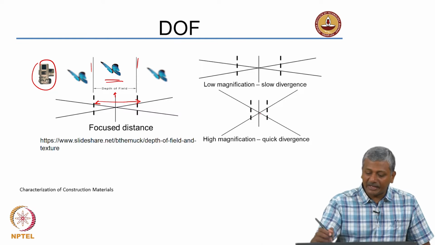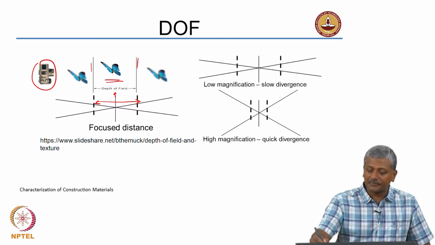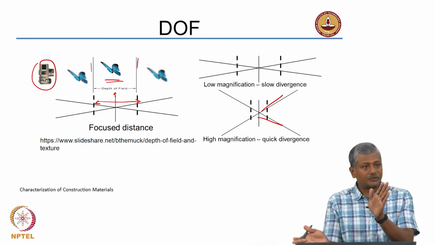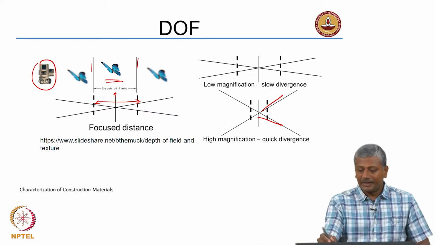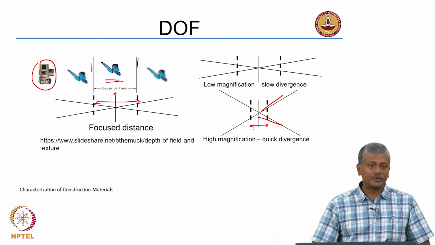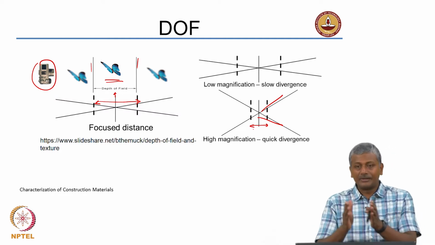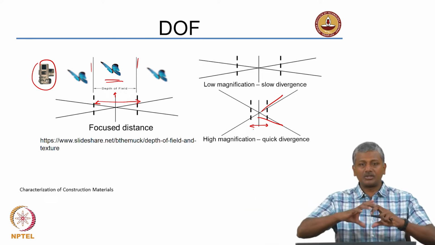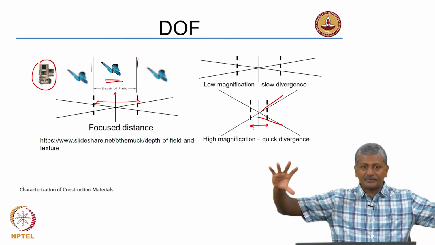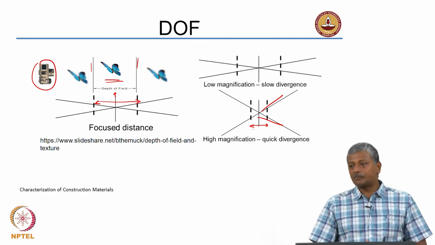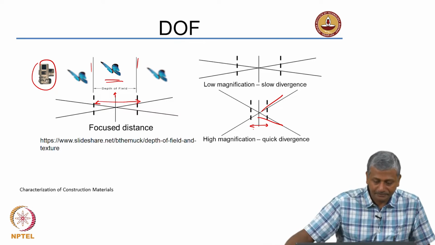Now, if you increase the magnification, these light rays are going to diverge much more from the focal plane. Okay. So, a greater divergence reduces the distance over which you can observe the image clearly. With a low magnification you get slow divergence, which means you have a greater depth of field. With a high magnification you get quick divergence, which reduces the depth of field.